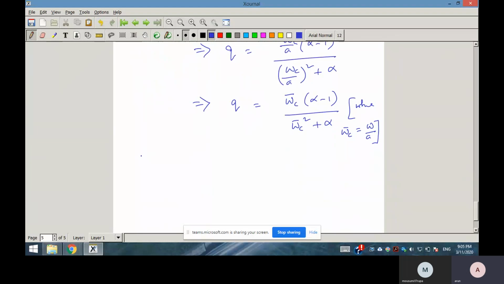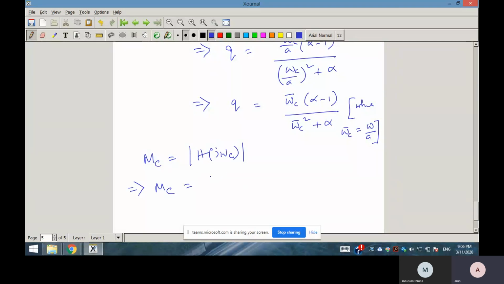Also, let us see what Mc is now. Mc will be at omega equal to omega c. Mc will be equal to mod of G(j omega c).